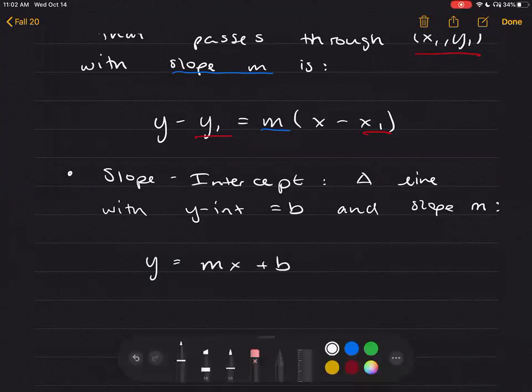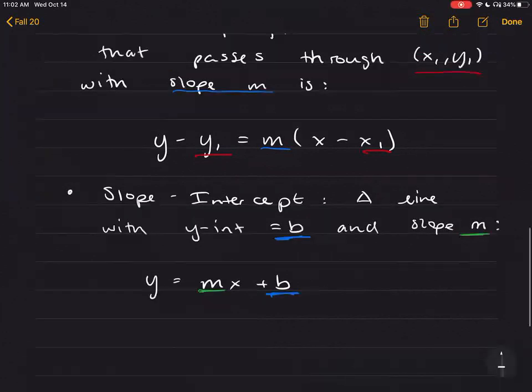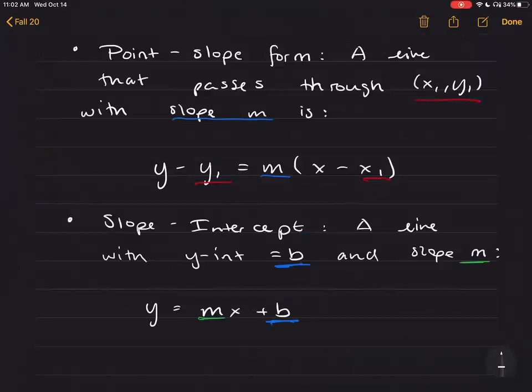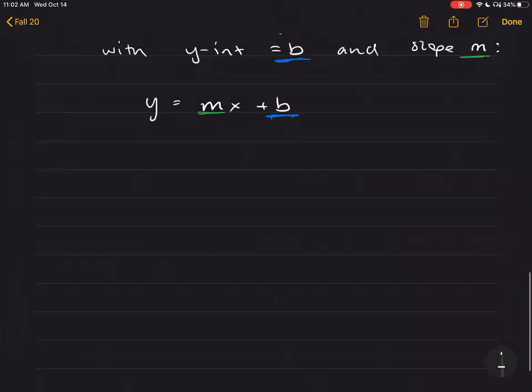This one's, I think, probably the most famous. So our slope m is here, and our y-intercept b is here. These two are the most general, the most commonly used forms of a line. There are special cases, though.